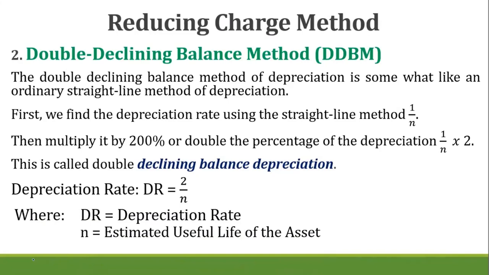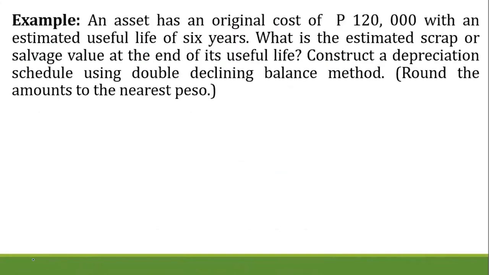Okay? So, how do we know the double declining balance method of an asset? Let's have an example here. An asset has an original cost of 120,000 pesos with an estimated useful life of 6 years. So, that asset costing 120,000 has an estimated useful life of 6 years.